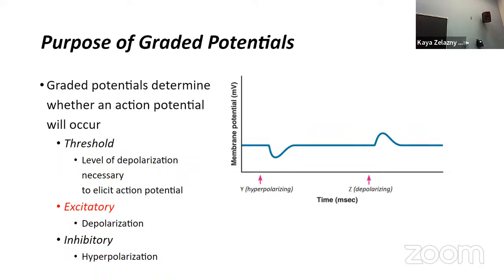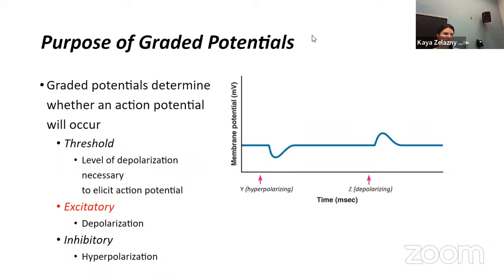That's all that is, right? So we have to reach the threshold. When we talk about graded potentials, we'll often talk not just about how strong they are, their magnitude, but also which direction they're moving the action potential.